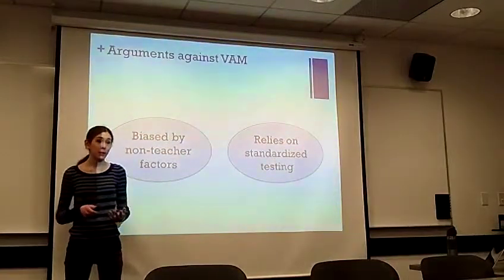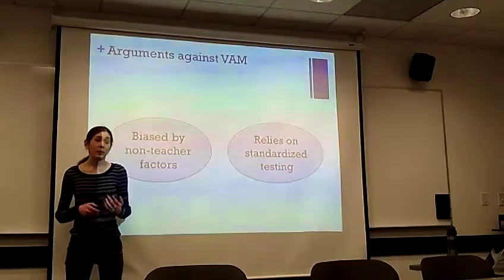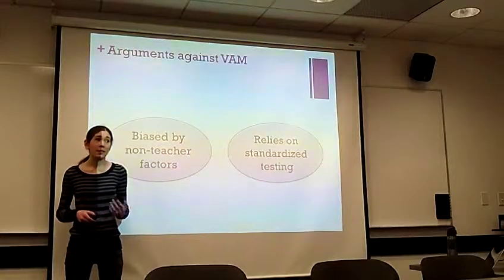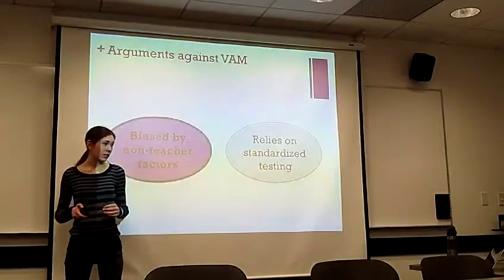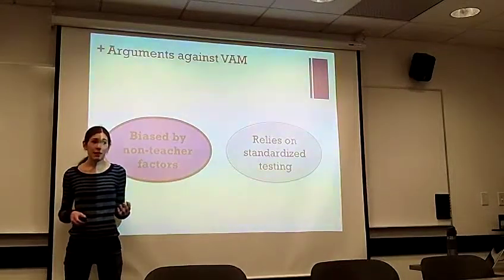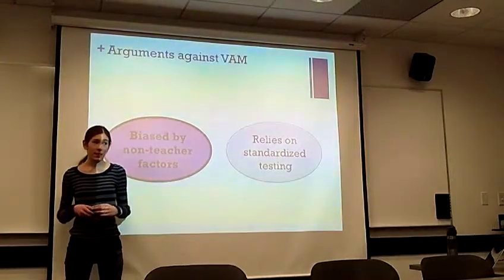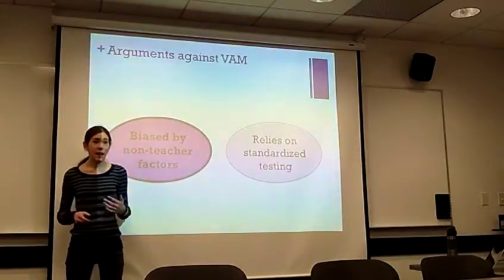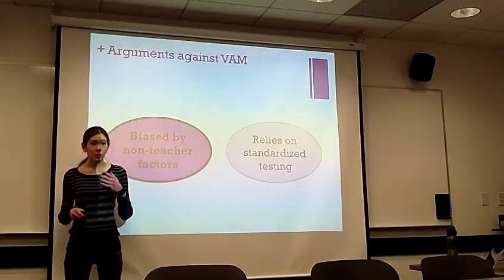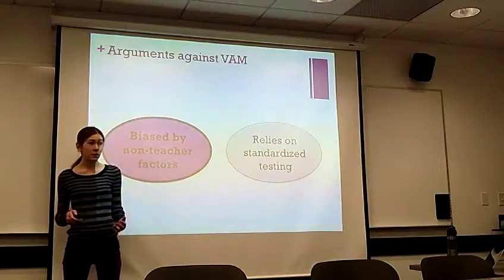Once we look more closely, however, we can see that there's plenty of reasons why the philosophically valid theory doesn't actually play out in reality. First of all, they don't actually isolate teacher effects like they claim. Studies have shown time and time again that factors outside of a teacher's control still affect their value-added scores.